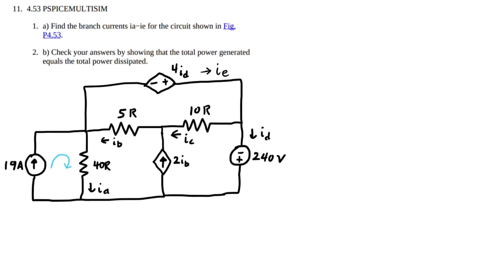So I'm going to start drawing little meshes, mesh currents I mean. And right away, you can say this one is 19 amps, because there's a current source here, basically. I'll call this one I1, because I'll do that one first, I2 and I3. Doesn't matter what you name them.